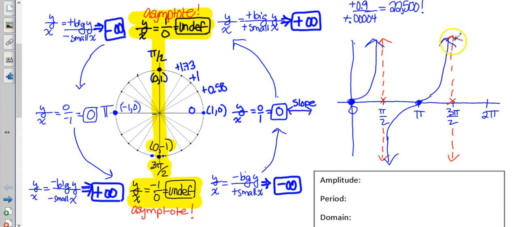It's going to get infinitely close to the asymptote at 3 pi over 2, but never cross because there tangent is undefined. Right after we pass 3 pi over 2, the tangent values are getting infinitely negative, and then coming back to 0 at 2 pi.